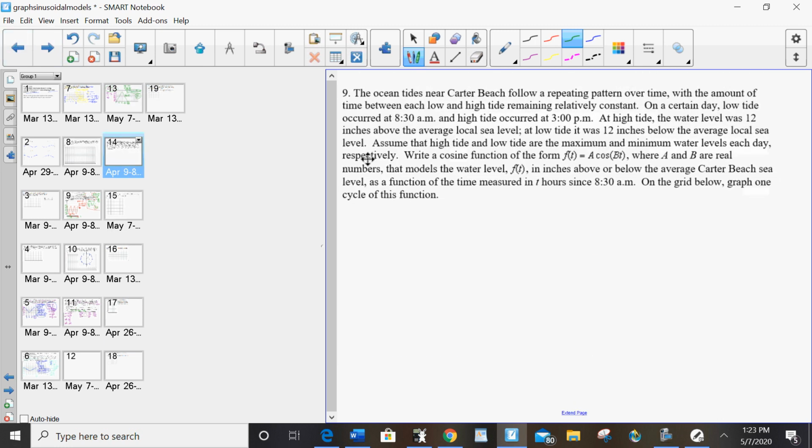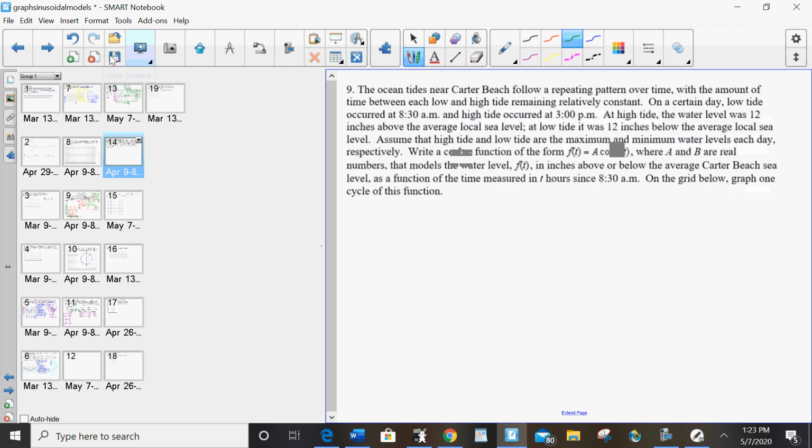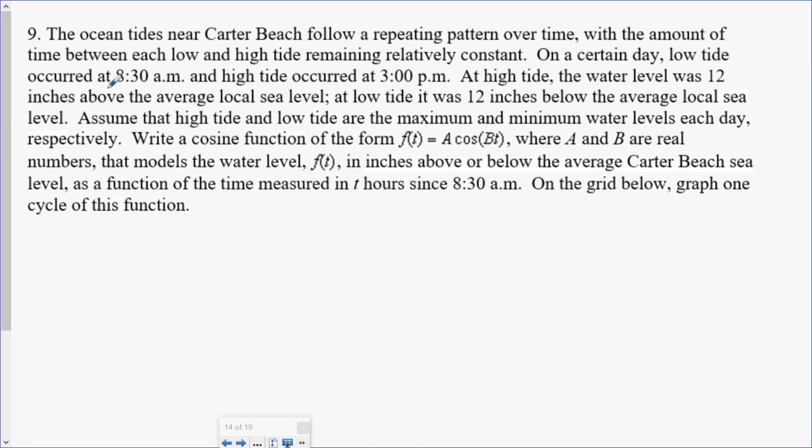The ocean tides near Carter Beach follow a repeating pattern over time, with the amount of time between each low and high tide remaining relatively constant. On a certain day, low tide occurred at 8:30 a.m. and high tide occurred at 3 p.m.